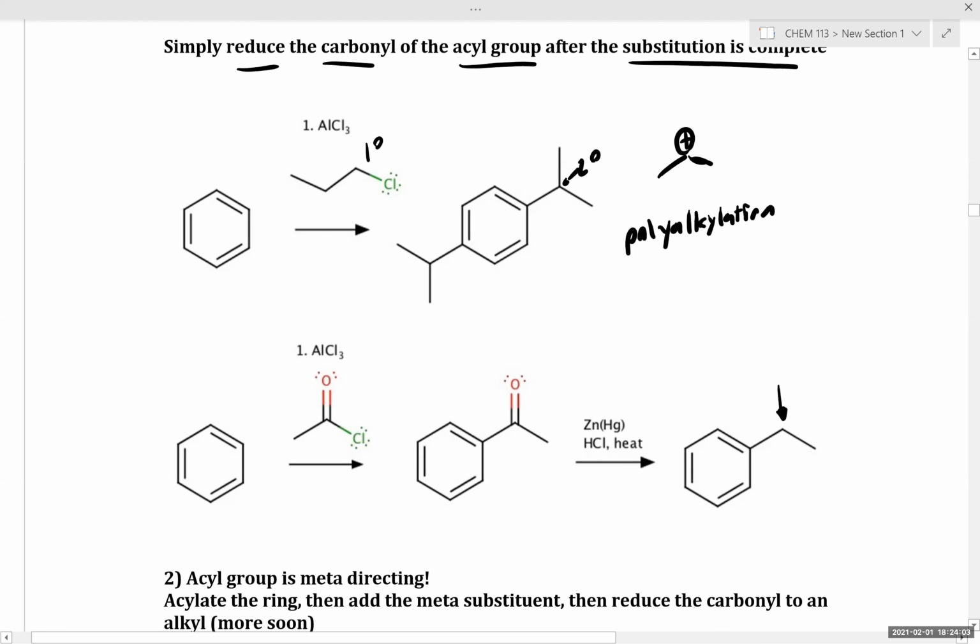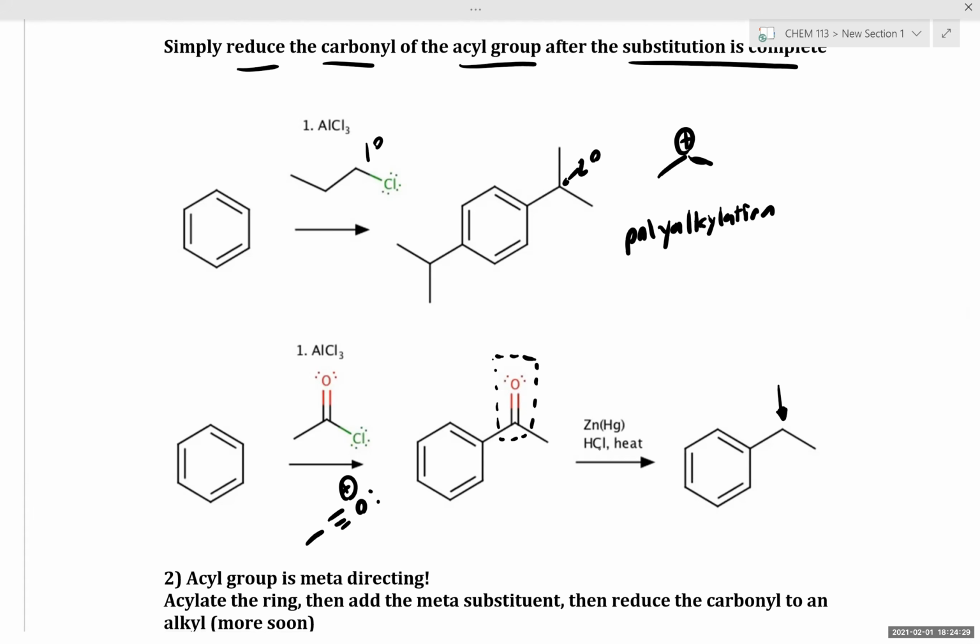Comparatively, if you use an acyl chloride, you go through this acylium ion, and this acylium ion doesn't rearrange. So you get reaction at the desired position, and you get to form the desired carbon-carbon bond, and then you can simply reduce off this carbonyl functionality with this zinc-mercury amalgam in the presence of acid and heat.